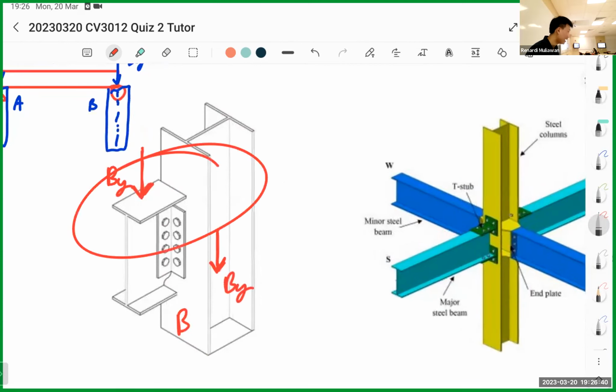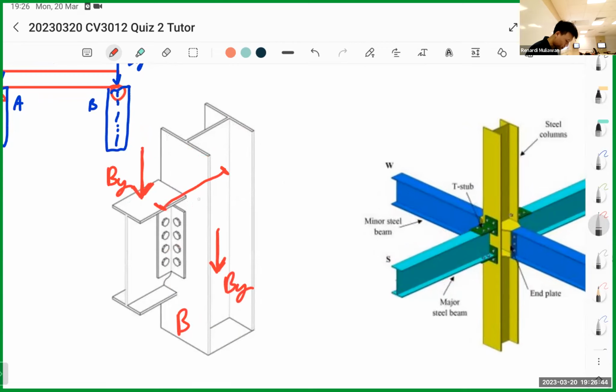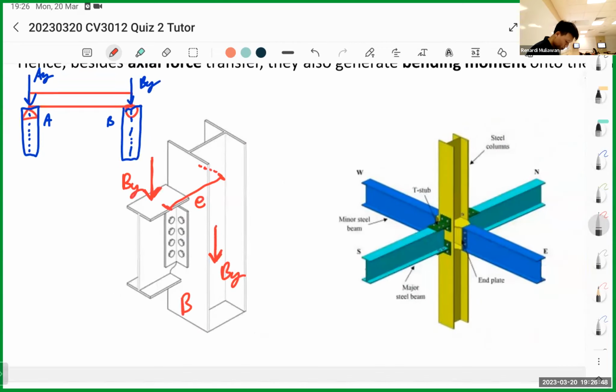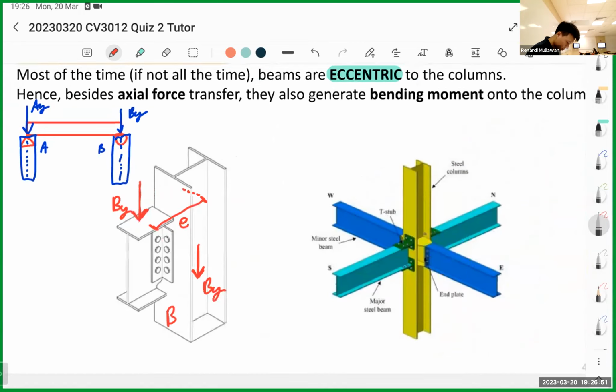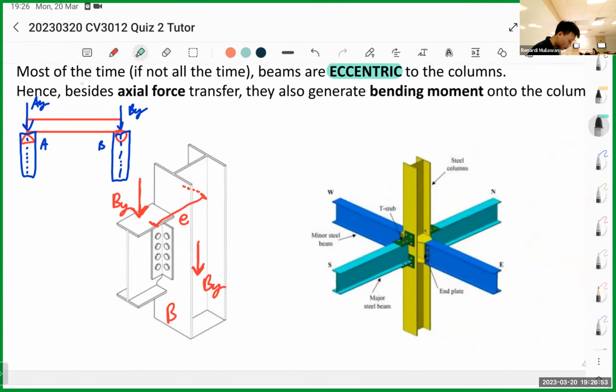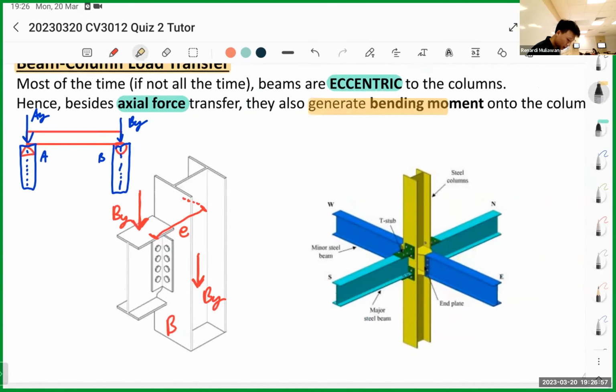However, since this is not exactly at the middle, we have what is called eccentricity. We call this E. There is a transfer of axial force, but at the same time they also generate a bending moment due to the eccentricity.